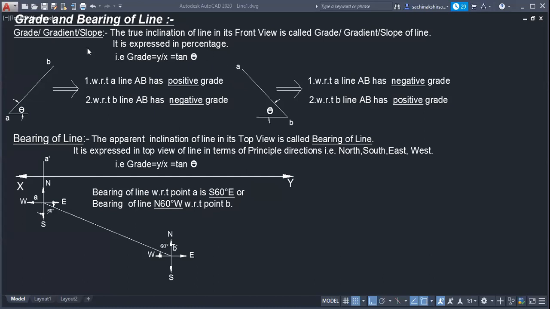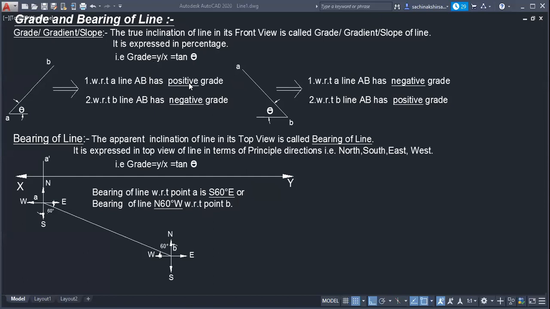Always this grade of the line is expressed in terms of percent, and the grade is given as y by x. You might know how slope is given. Have you come across this slope anywhere?